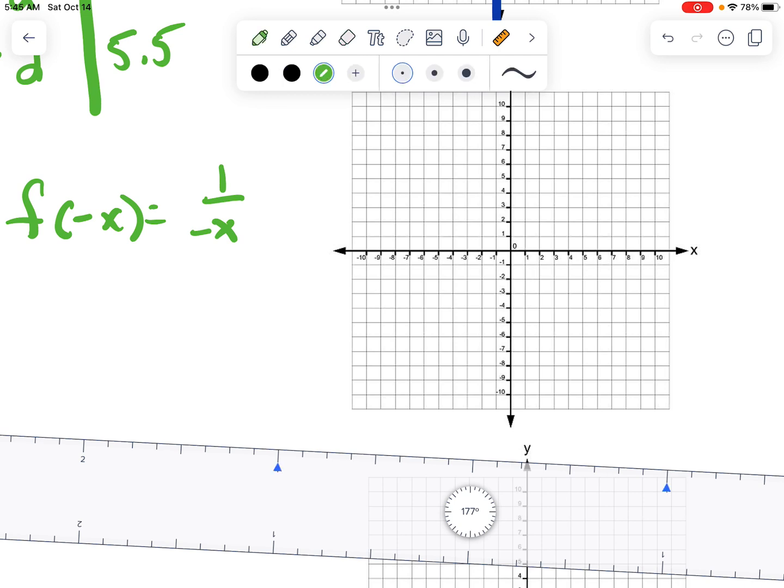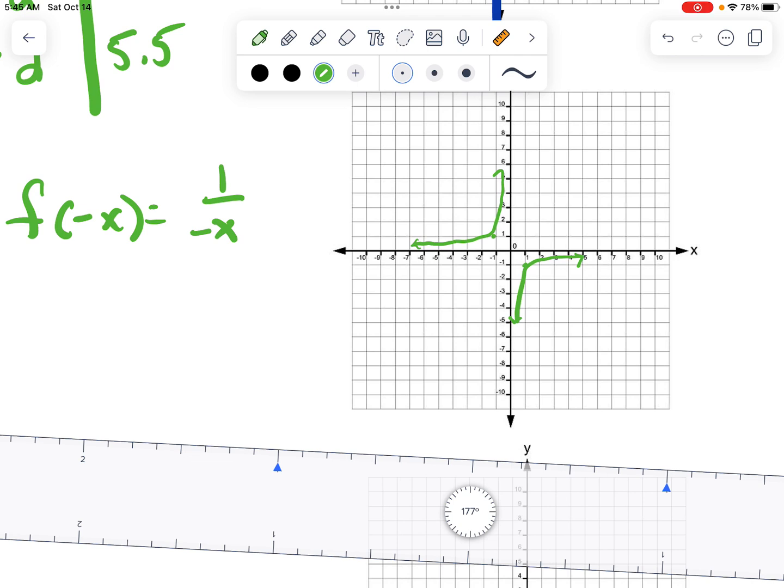Oops, sorry. And all the same points hold that we had before, except we have made my y values negative. So I have 1, -1, -1, 1.